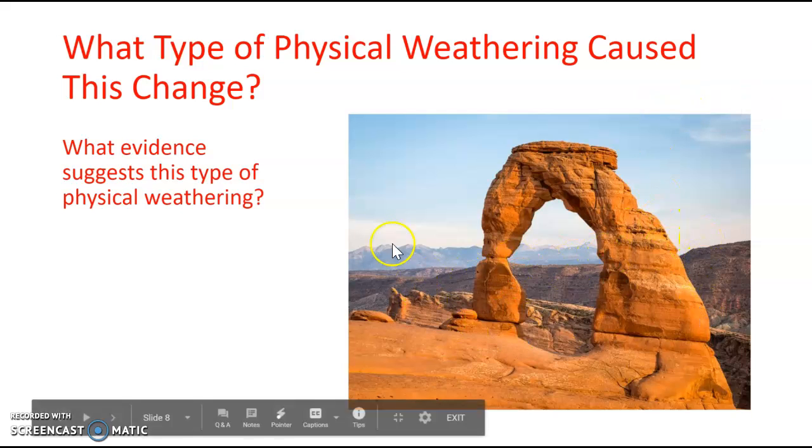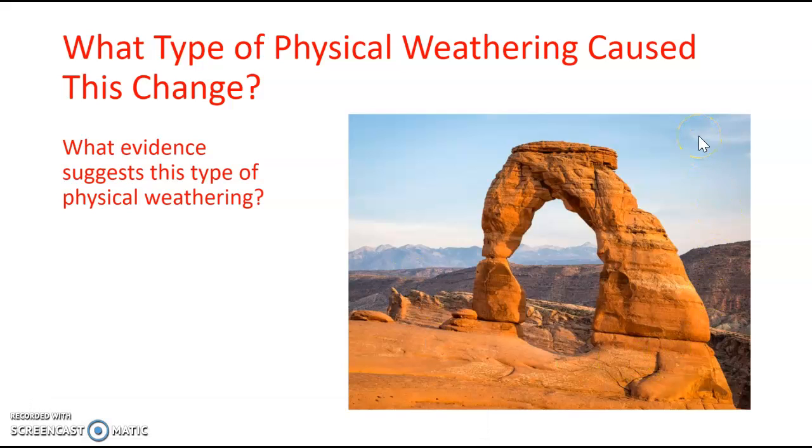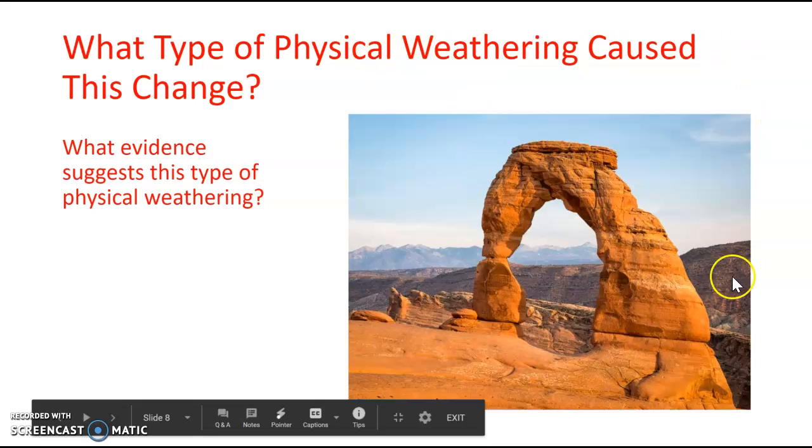You can see kind of based on the mountains and the other hills that give perspective. And so it doesn't seem likely that water has caused this weathering. And so the wind in this area has caused basically sandblasting, which has allowed for this unique formation to occur.